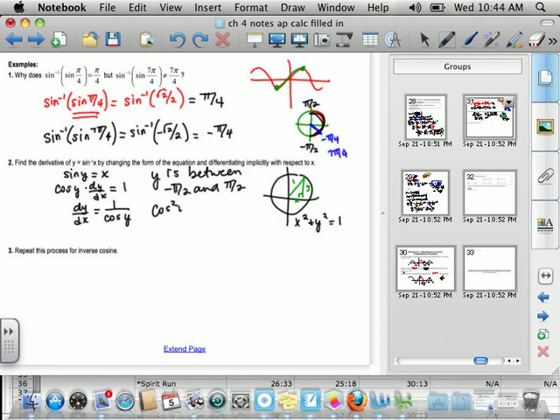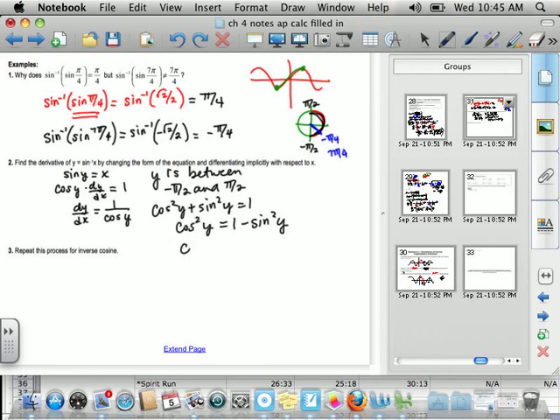That's kind of what I just told you with the unit circle. Let me erase it so I have more room. That's the Pythagorean identity. It should be true for any angle, right? So if I'm solving for cosine of y, I'm going to subtract the sine squared y over and take the square root. So I get plus or minus the square root of 1 minus sine squared y.